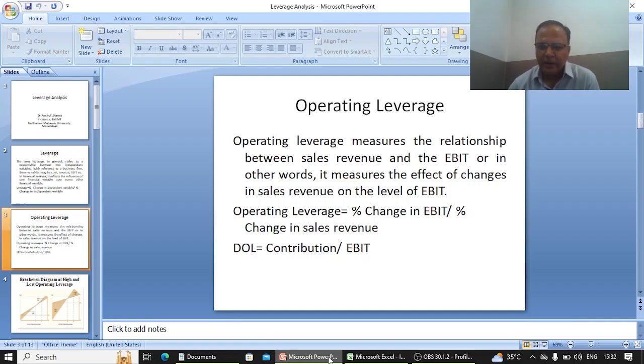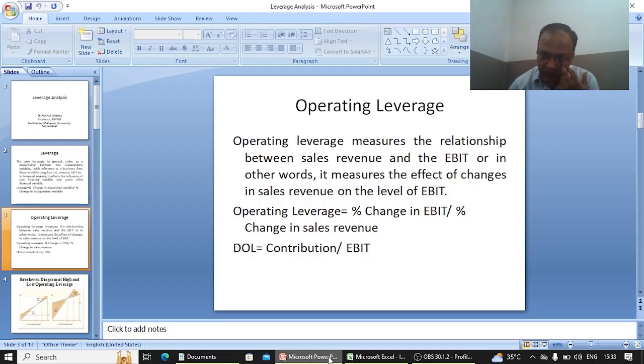But after some time, we need funds again to run the operation of the business. Then again we go to the market and we receive some financial support from the outside world by way of short-term debt, short-term loan.